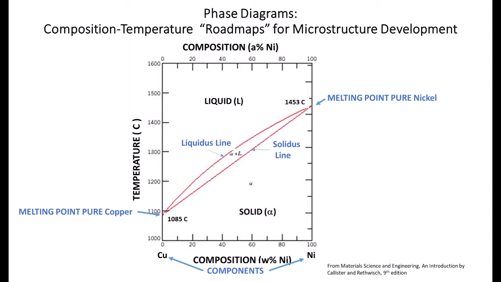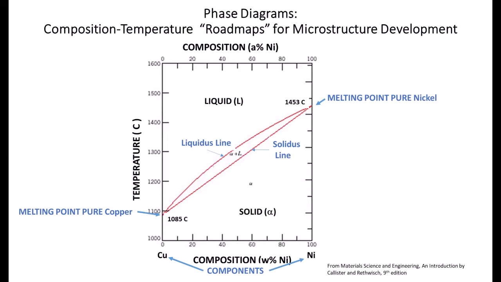However, in the composition range between the pure components, for example at 50% copper and 50% nickel, upon cooling from the liquid state, you enter a two-phase region where the amount of liquid is high when you cross through the liquidus curve.